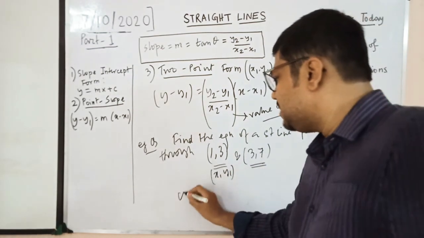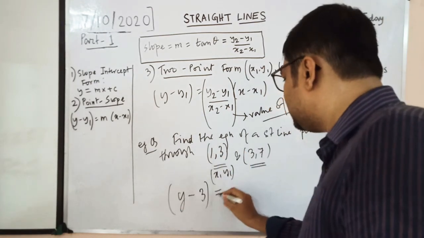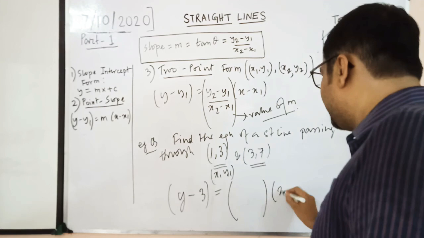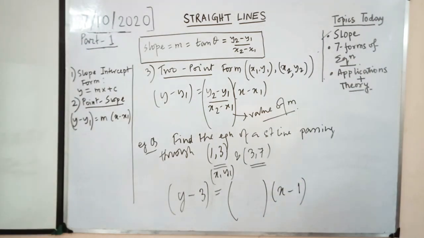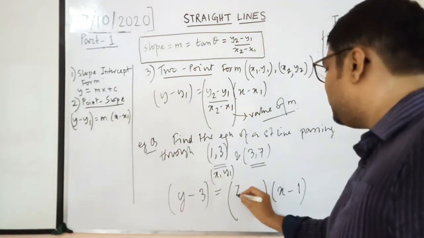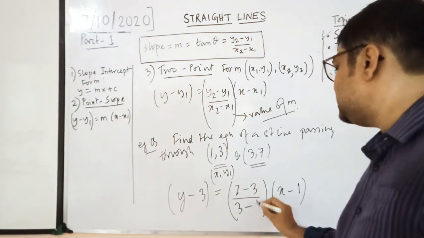Then the equation will be y minus y1, that means y minus 3, equals (y2 minus y1) by (x2 minus x1) into x minus x1, where x1 is 1. So y2 minus y1 is 7 minus 3, divided by 3 minus 1.